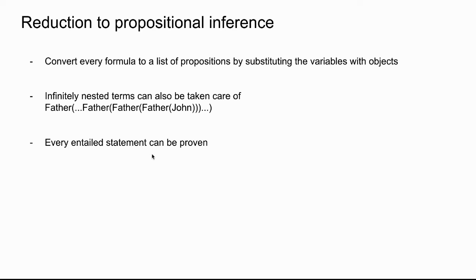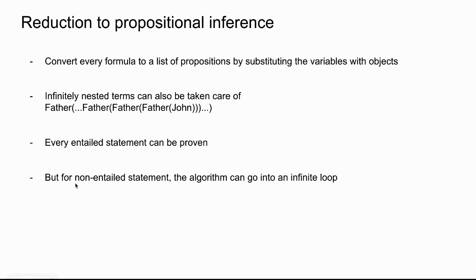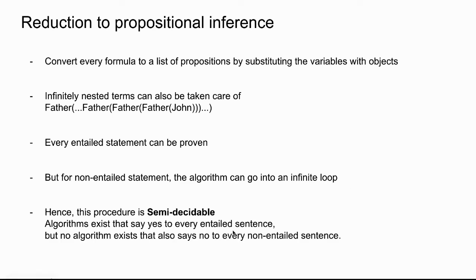What has been shown is that every entailed statement in first order logic can be proven, which means that if you know that alpha entails beta, and if you know that alpha is true, then you can also prove that beta is true. But for a non-entailed statement, the algorithm can go into an infinite loop. And this is why the first order logic inference system is semi-decidable.